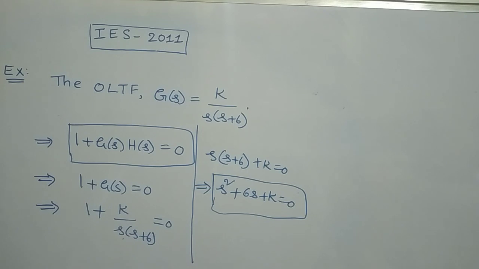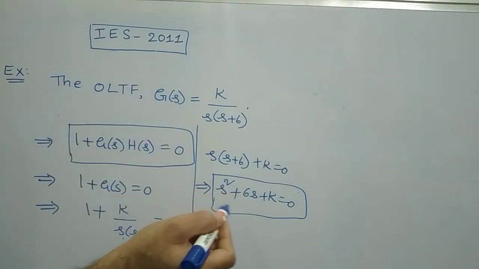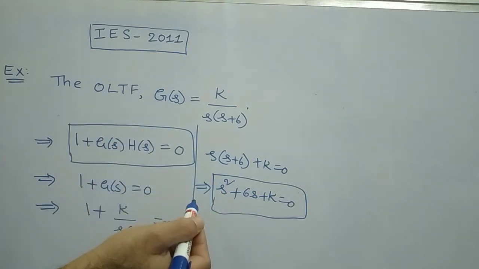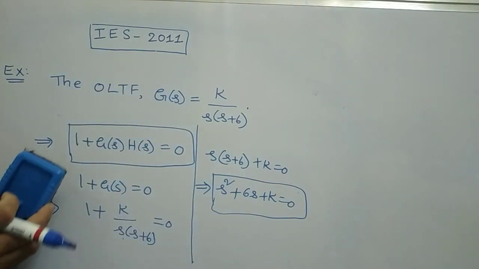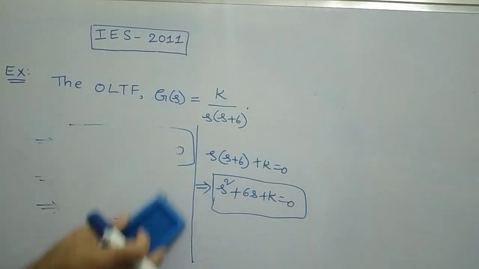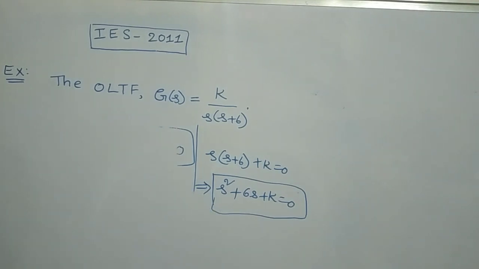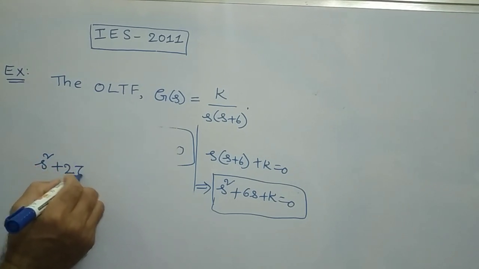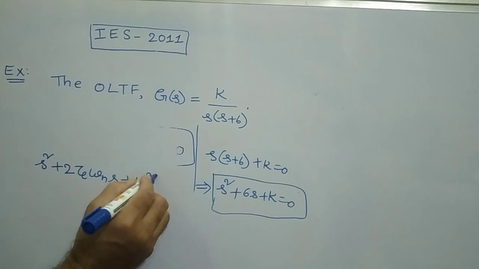Now, this equation must be equated with the standard form. What is the standard form? The standard form is s square plus 2 zeta omega n into s plus omega n square equal to 0.